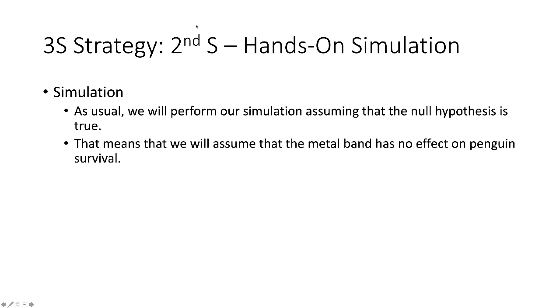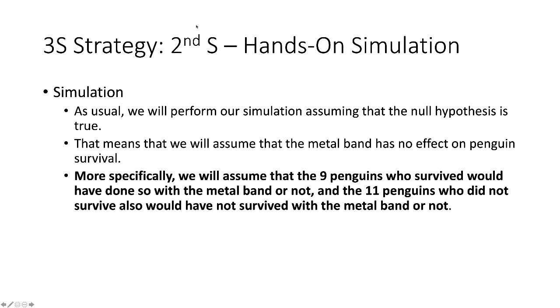That means that we will assume that the metal band has no effect on penguin survival. That is the null hypothesis for this problem. More specifically, we will assume that the 9 penguins who survived would have done so with the metal band or not, and the 11 penguins who did not survive would have not survived with the metal band or not.